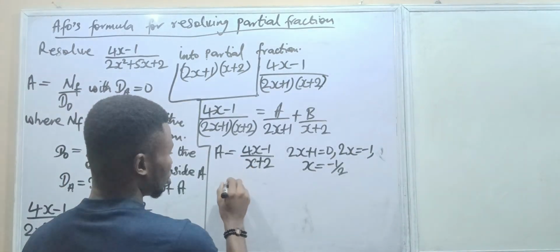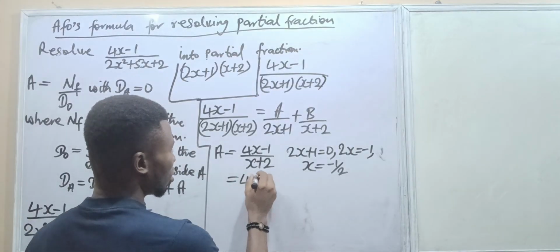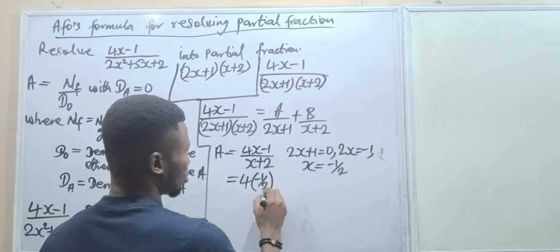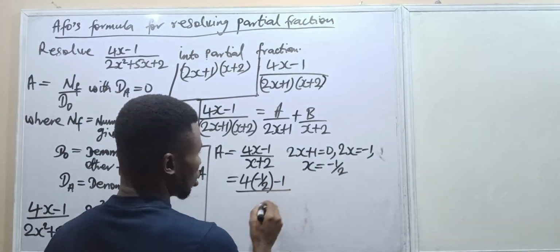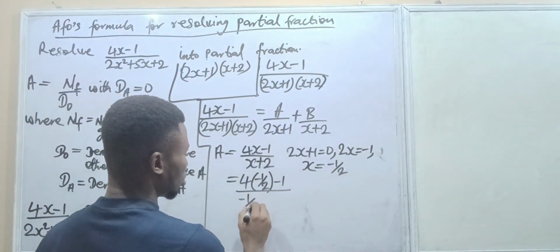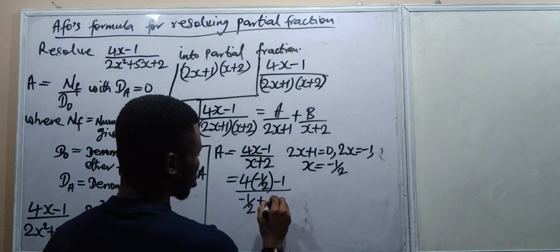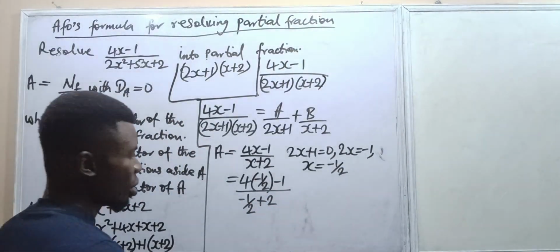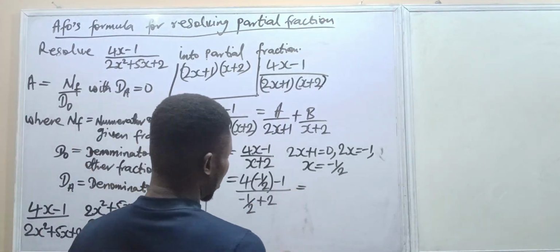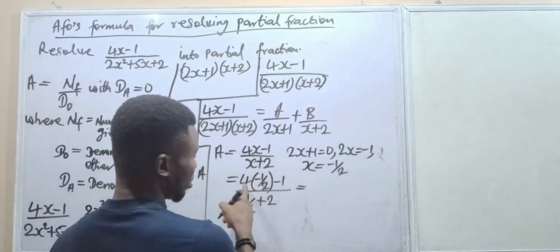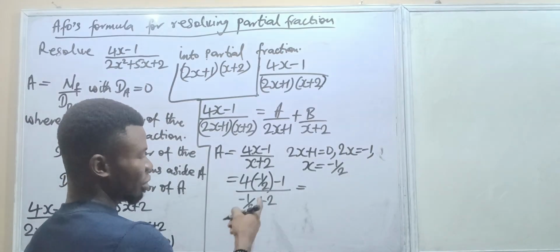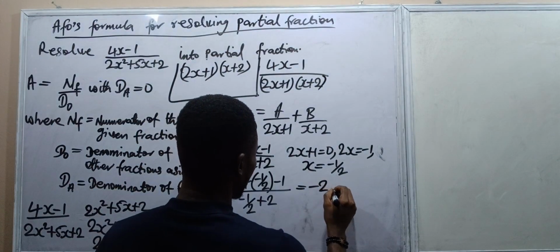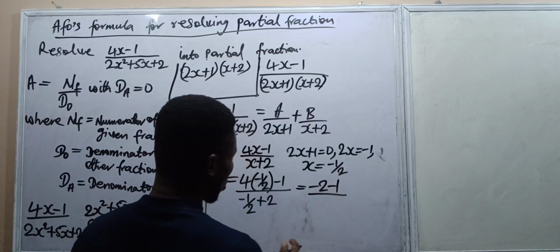Now we plug in minus 1 over 2 to this. We have 4 into minus 1 over 2, minus 1, all over minus 1 over 2 plus 2. When we simplify the numerator, 4 times minus 1 is minus 4, and minus 4 divided by 2 gives us minus 2. So we have minus 2 minus 1, which is minus 3.